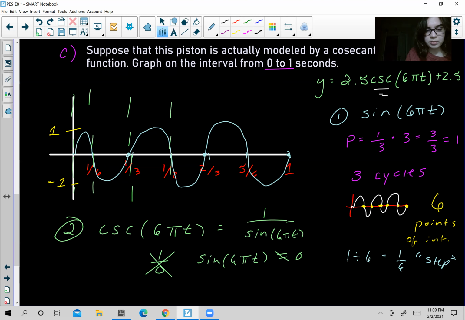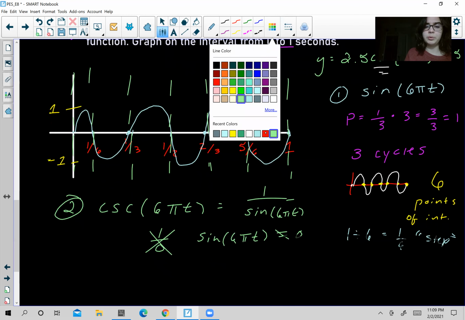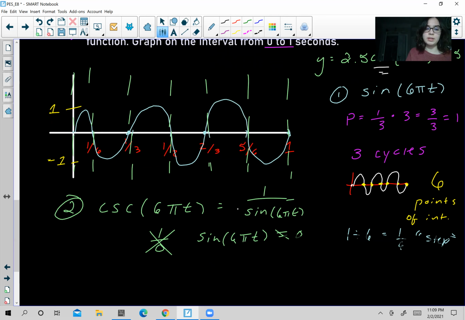So I'm going to go ahead and draw some asymptotes in here. Okay. And then we got to fill in some points. Something important to note is that when sine is equal to 1, like it is at the amplitude, you get 1 over 1, which is just 1. If sine is -1, that's 1 over -1, which is -1. So we know we have points at all the peaks for our cosecant function.